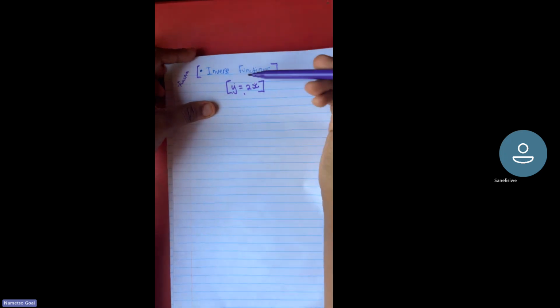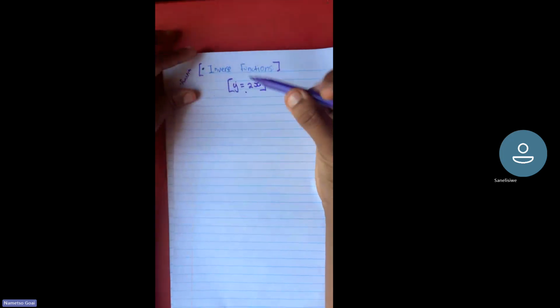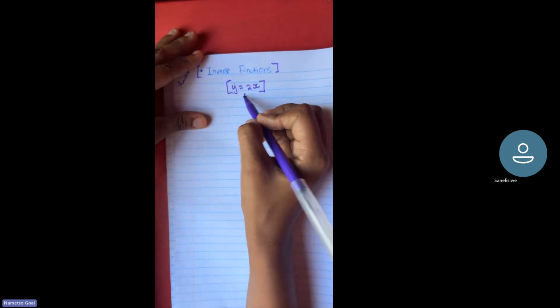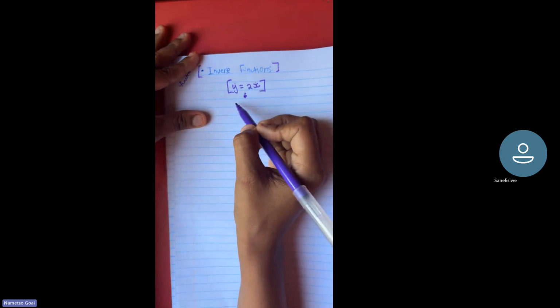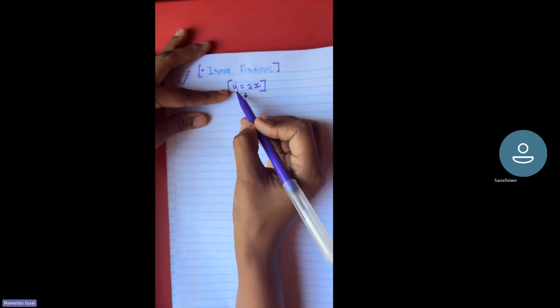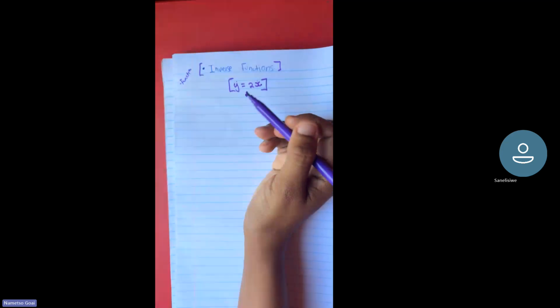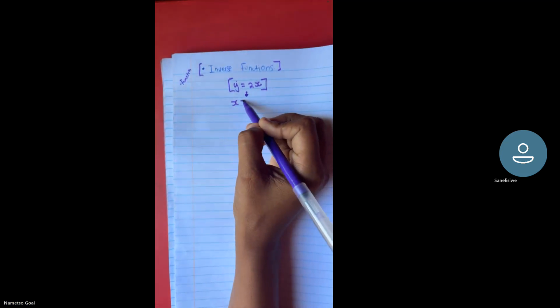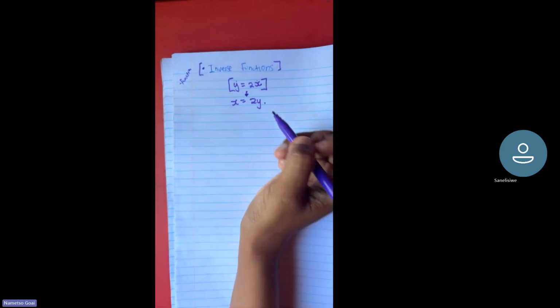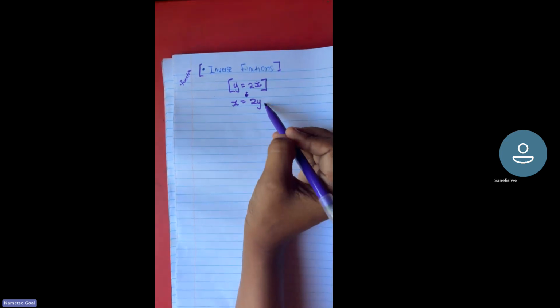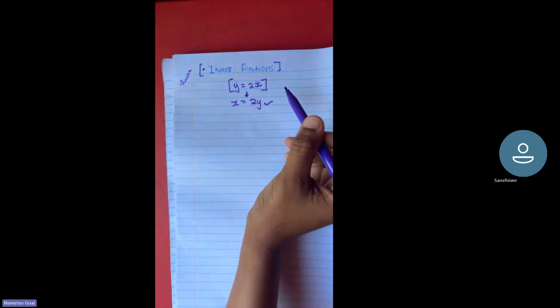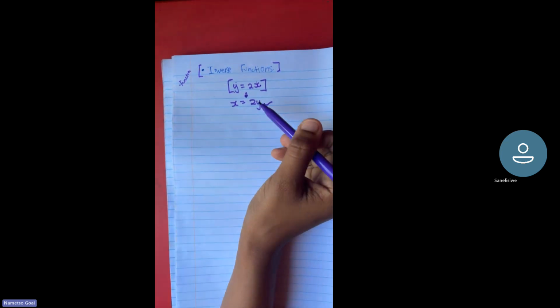So your y becomes your x, and your x becomes your y. They swap positions. So it's going to be x equals 2y.